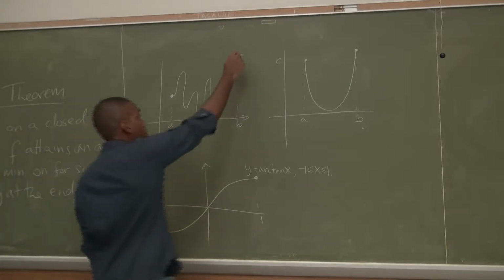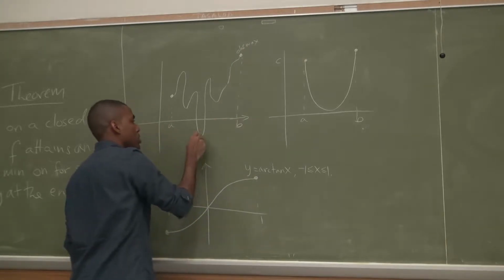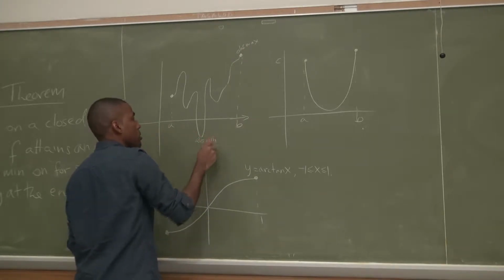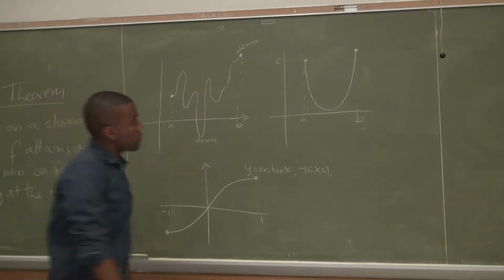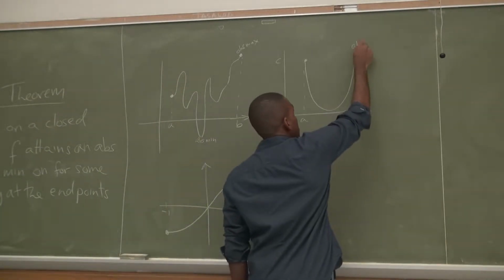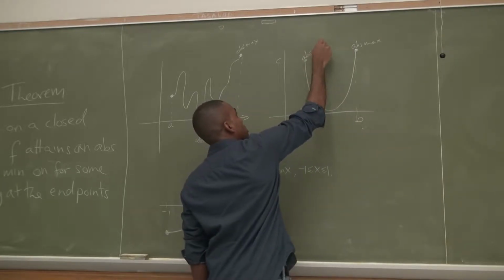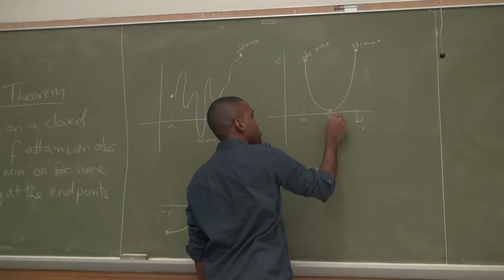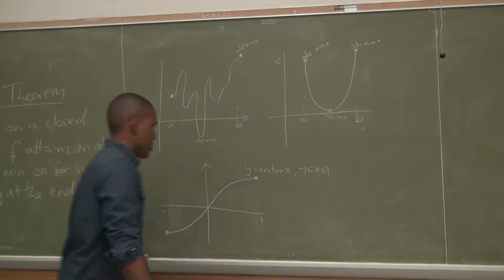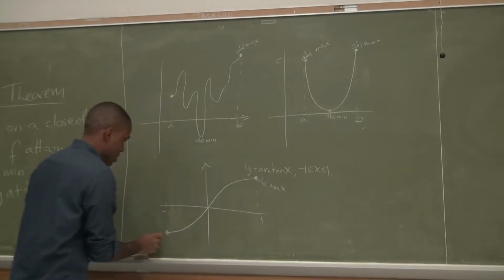So for example, here, your absolute max will occur here, the absolute min will occur here. And of course, there are local minimums and local maximums. Here's your absolute max. Here's your absolute min. Here's your absolute max. Here's your absolute min.